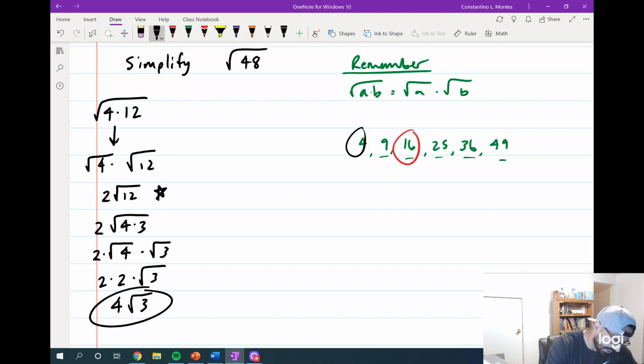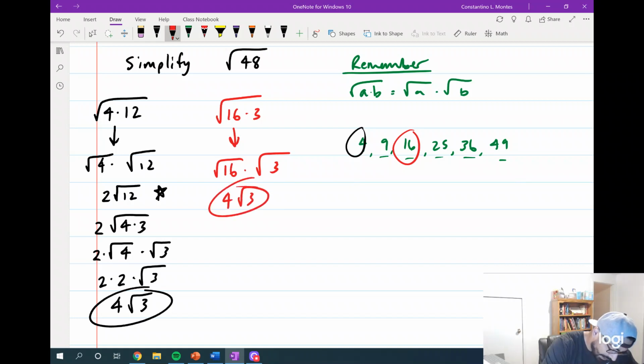I can rewrite this as the square root of 16 times 3. All right, that means I can separate it into the square root of 16 times the square root of 3, and the square root of 16 is 4, so the answer is going to be 4 root 3. And we actually end up at the same spot.